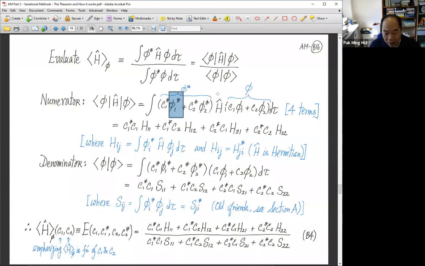Phi1 star H phi1 integration. We met a similar expression last week when we wrote something into a big matrix. We will call it a matrix element using the label here. The left one is 1, the right-hand one is 1. We will call it H11. Okay, do you follow what I'm saying?